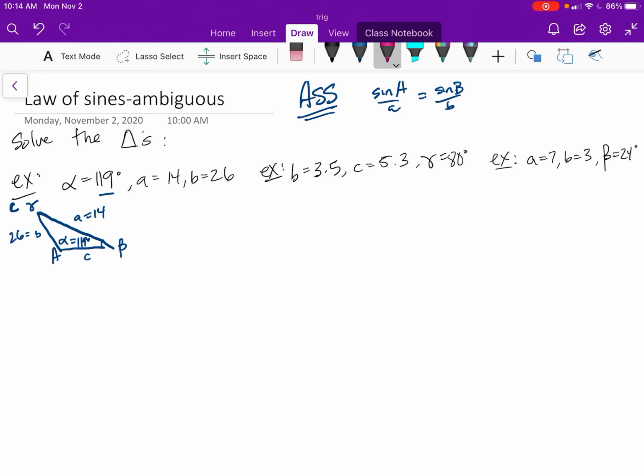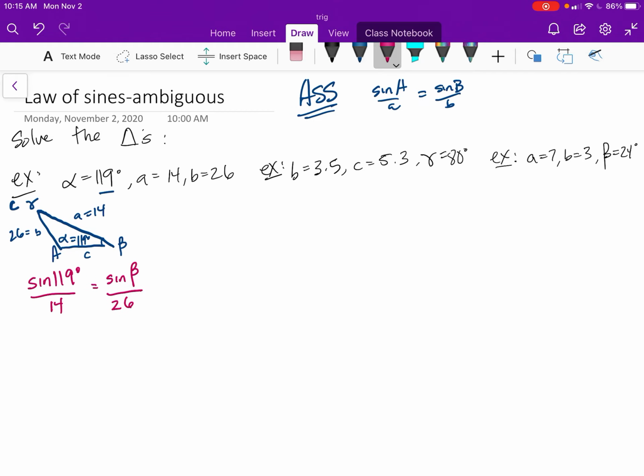Sine of alpha, sine of 119 degrees over 14, that's lowercase a, equals sine beta over b, 26. Since this is in Greek, I'm going to stick with Greek. I don't know sine beta, so we multiply by 26 on both sides. And now you can see why I chose to leave this in the numerator, just easier to solve.